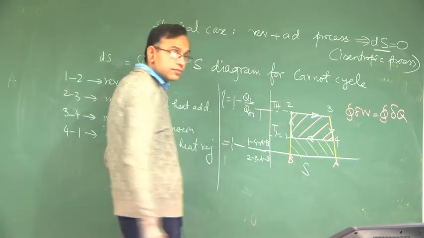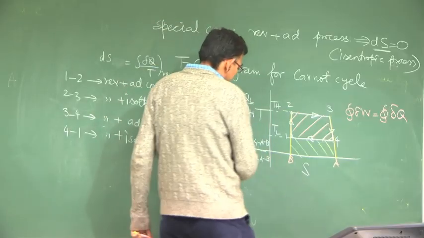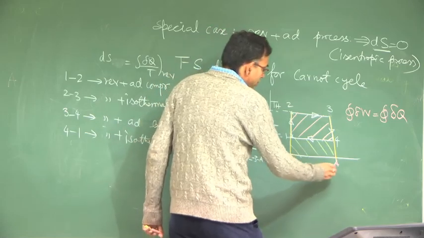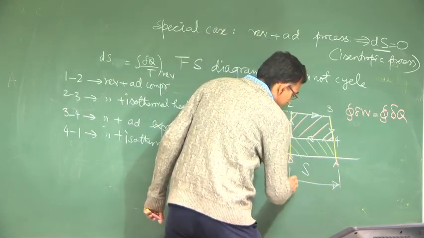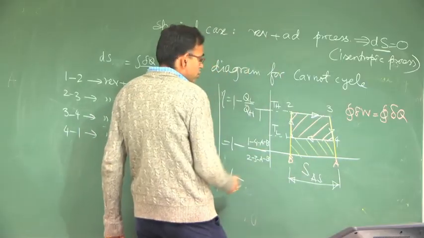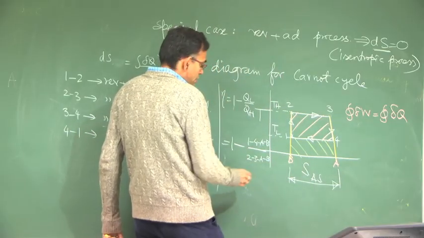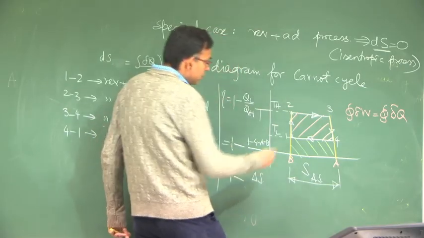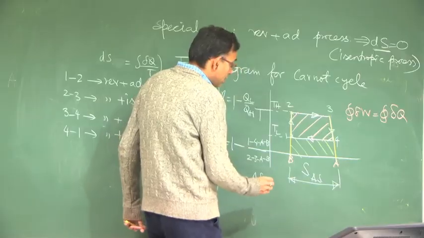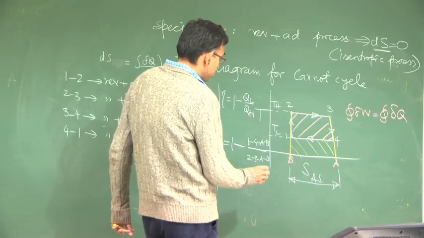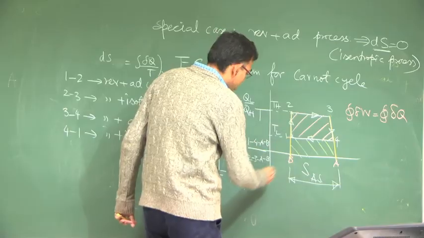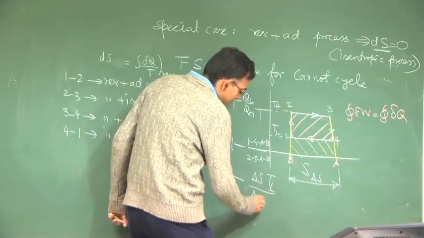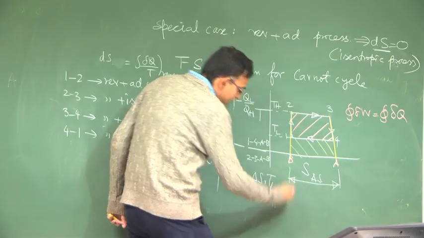Essentially, let us write delta S for the 1,4 width. So area 1,4 AB is delta S into TL, and area 2,3 AB is delta S into TH.